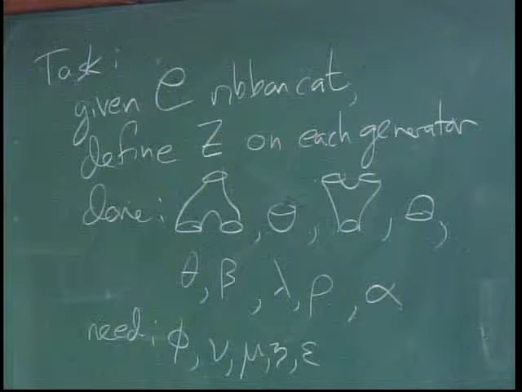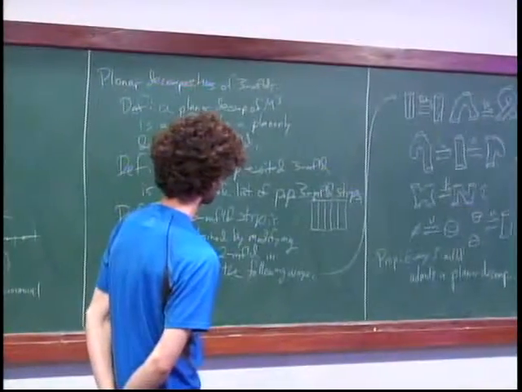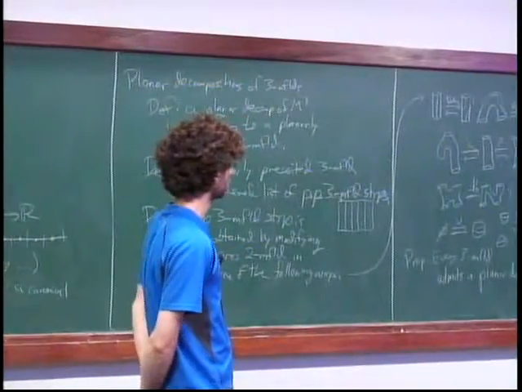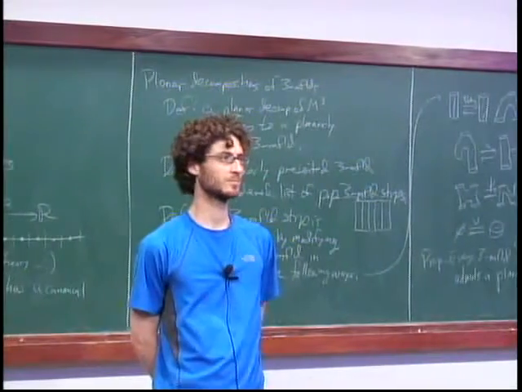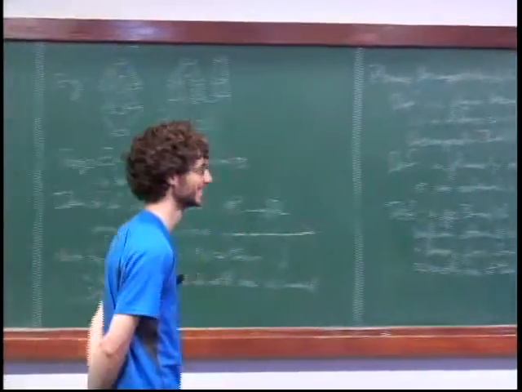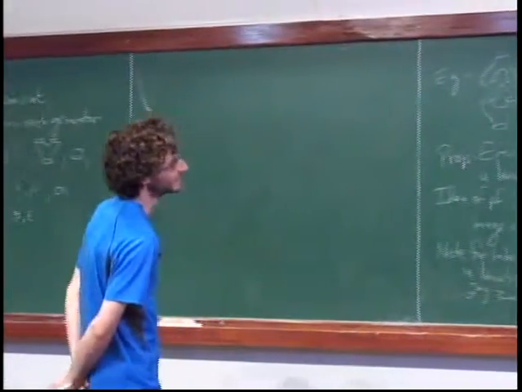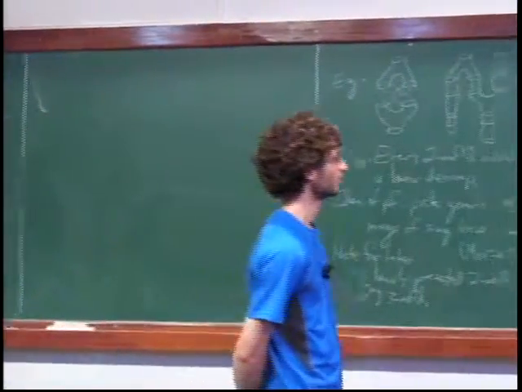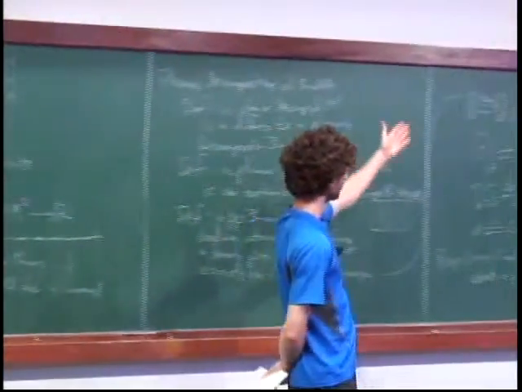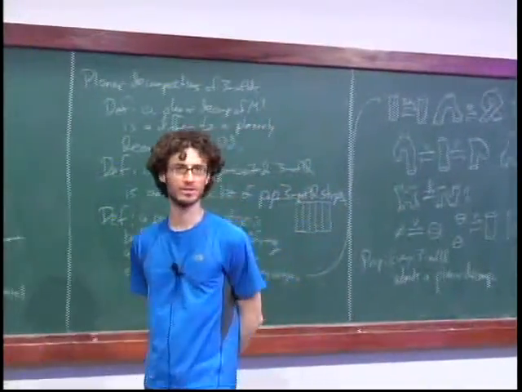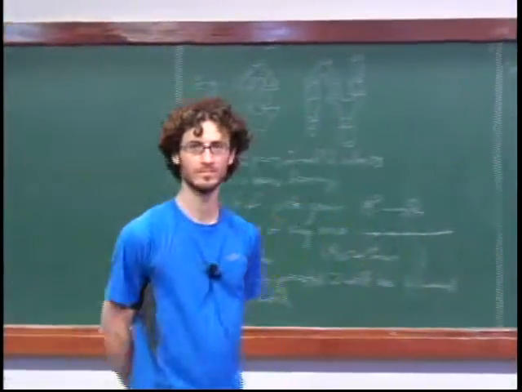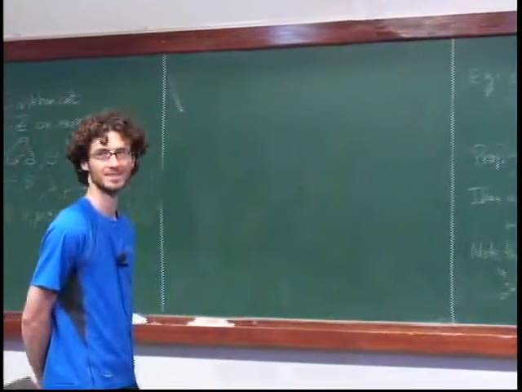It could be, yeah. But it's not. How many are there? How many relations? Yeah, about the same order as the number of generators-ish. 13 relations.